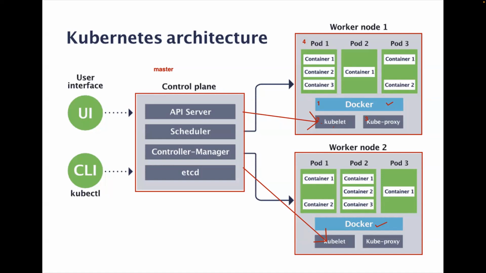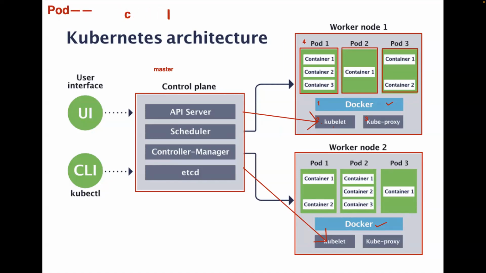If the first three components are clear, let me talk about the next most important component called pod. Pod has three containers, here one container, here two containers. What is a pod actually? Pod is the basic or fundamental unit of deployment in a Kubernetes cluster. In a Kubernetes cluster, you will never see a container like this.